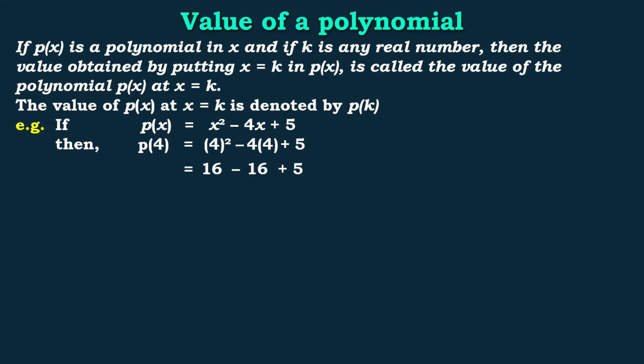So we get 16 minus 16 plus 5. 16 minus 16 is 0. 0 plus 5 equals 5. Therefore, the value of the polynomial at x equal to 4 is 5. Always remember, finding the value of a polynomial means substituting the given number in place of x and simplifying step by step carefully.